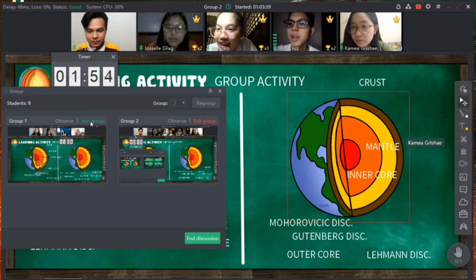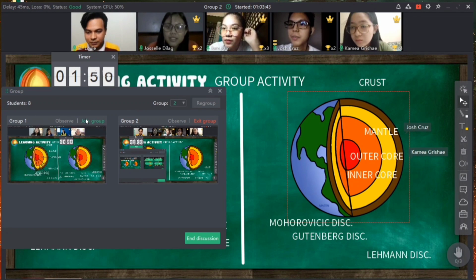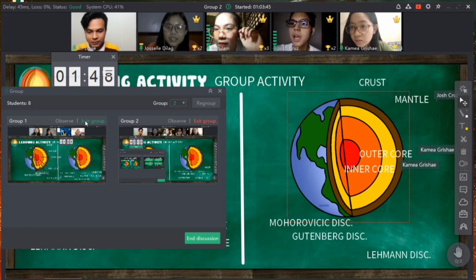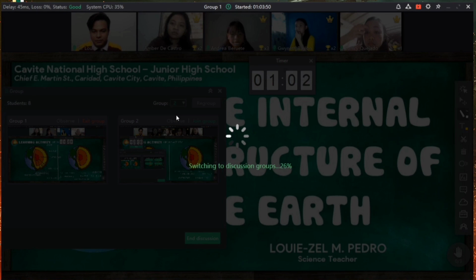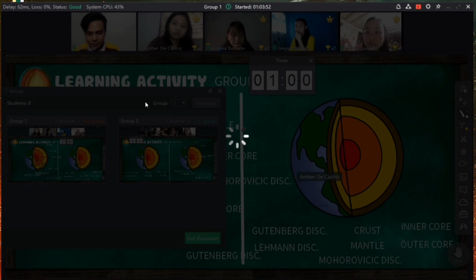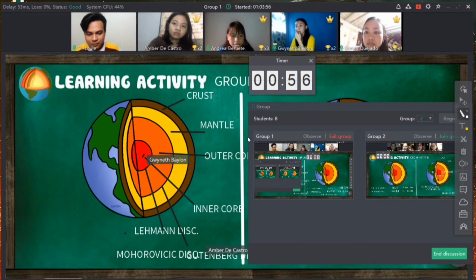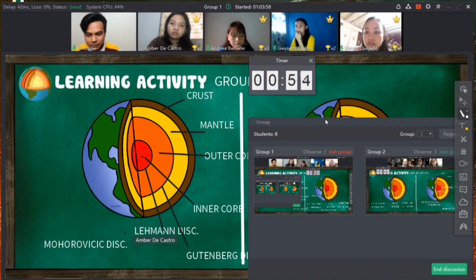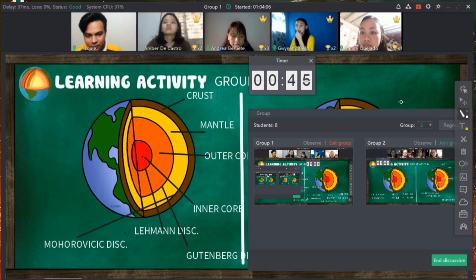Wait lang, nagagawan kayo. Idikit lang. Hindi, inner core to eh. Mali yung line. Hindi, I mean yung arrow. Okay na.